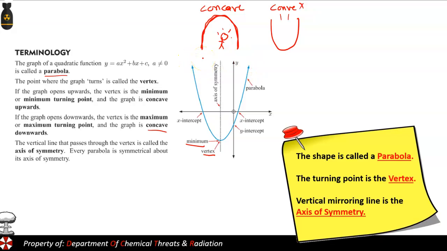It's the mirror on either side of the axis of symmetry, and this axis is always going to be running through the vertex. If we draw a line over here, clearly that's not symmetrical. If I fold it in half, I'm not going to have symmetry. So the shape is the parabola, the turning point is the vertex, and the axis of symmetry is that vertical line mirroring it.